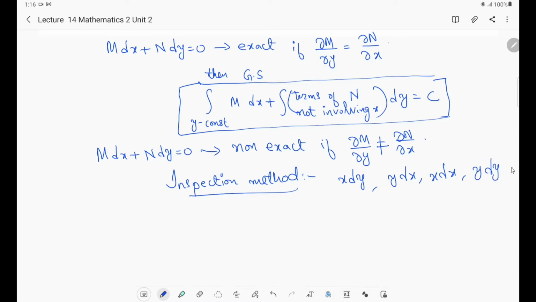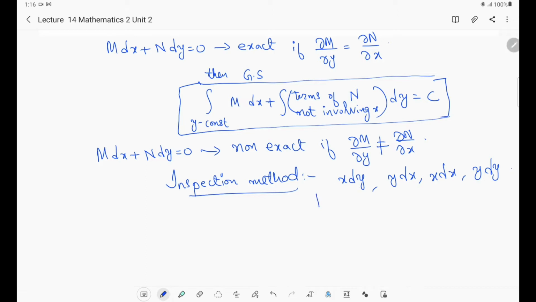If these kinds of terms are there, then out of the 7 to 8 formulae noted in the last class, any formula will be applicable, right? We apply the formula and then find the general solution by integrating.